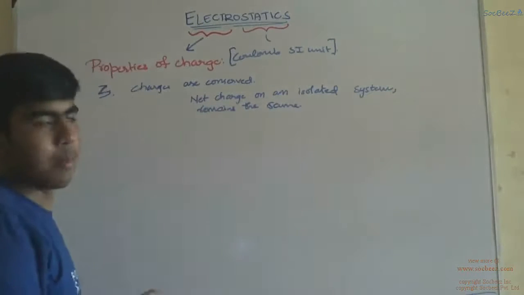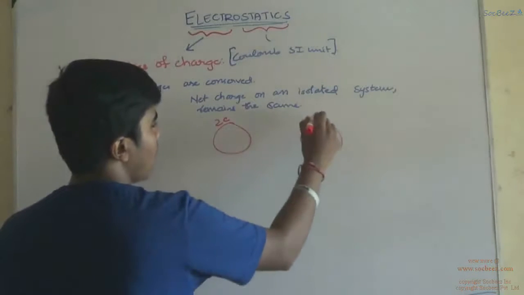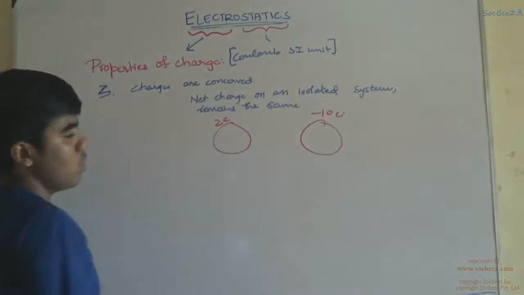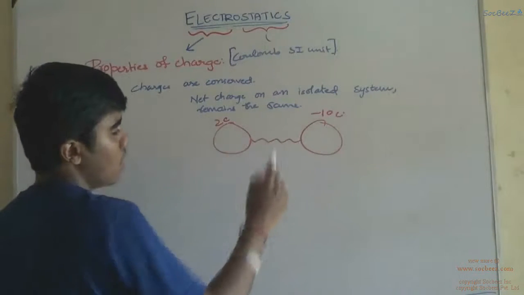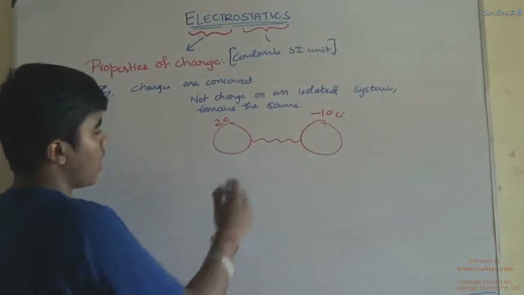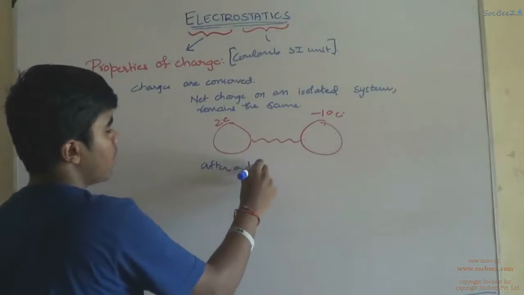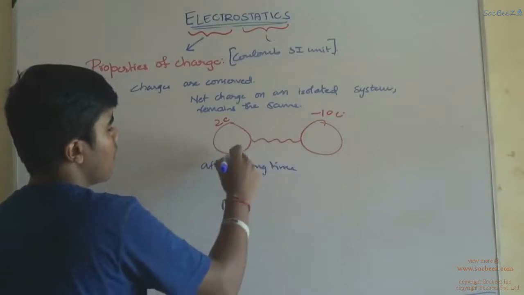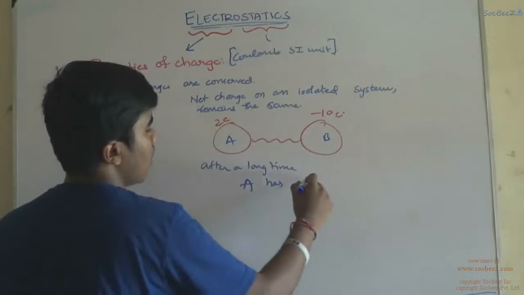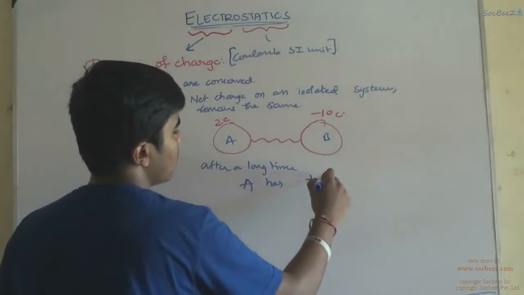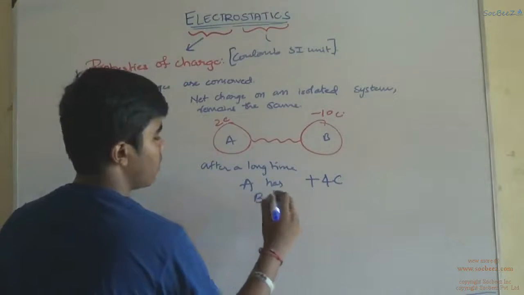So here, for an example, let us take a body having 2 Coulomb charge and a body having minus 10 Coulomb charge. Now say I bring them in contact, and somehow I get to know that after a long time A has plus 4 Coulomb of charge. So what amount of charge will B have?